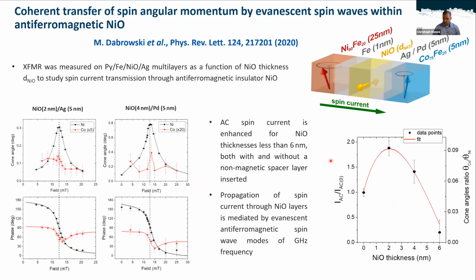And since I'm getting closer to the end, I'm just going to give you one more short example, and this is basically a very similar experiment. In this case, again, we have a spin source and a spin sink layer, and we are looking again at how the spin current transmission through an antiferromagnetic insulator works.